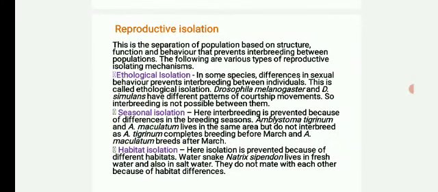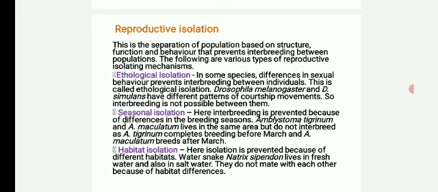Next, reproductive isolation. This is the separation of populations based on structure, function, and behavior that prevents interbreeding between populations. The following are the various types of reproductive isolating mechanisms. Number 1, ethological isolation. In some species, differences in sexual behavior prevent interbreeding between individuals.